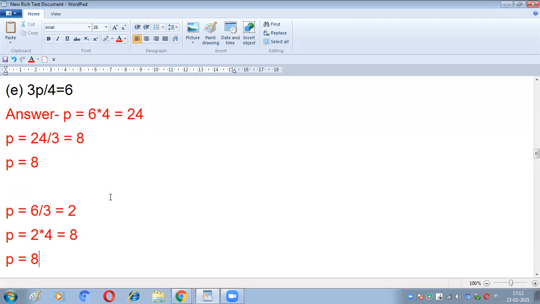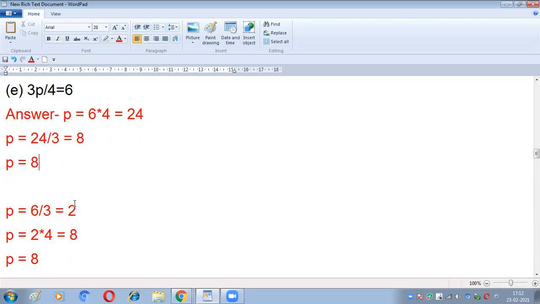You should not do it. Our first method is correct. You may get marks in this second method also, but I think you will get half marks. If you use the correct method, you will get full marks.